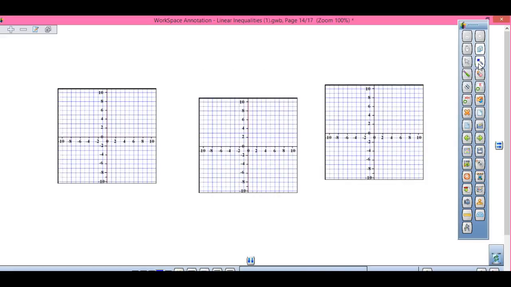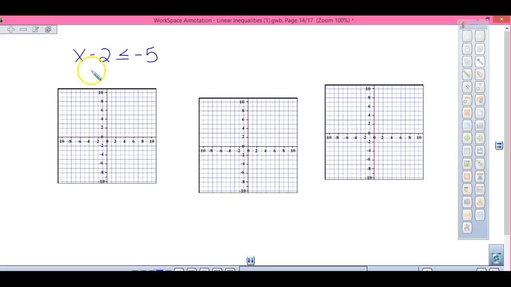Okay, so what if I have x minus 2 is less than or equal to -5? Well, first we've got to get x by itself, right?